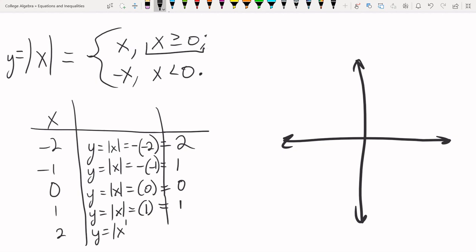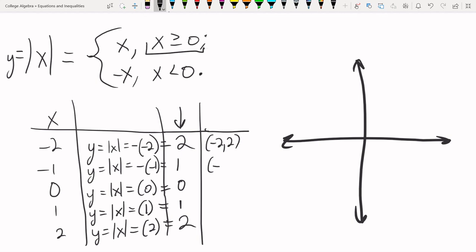And finally, 2 is the same thing. Gives us 2. And what you notice here is that all of these numbers are positive. And that's what the absolute value does. A lot of times it just makes the thing positive. So -2 goes to 2. -1 goes to 1. 0 goes to 0. 1 to 1 and 2 to 2.